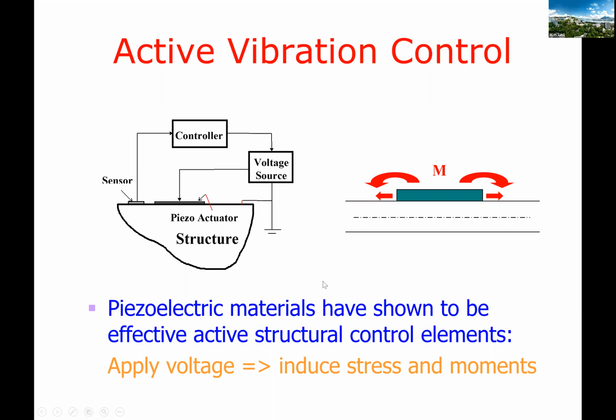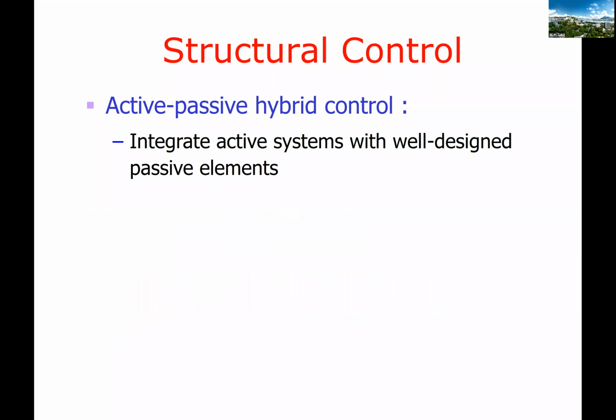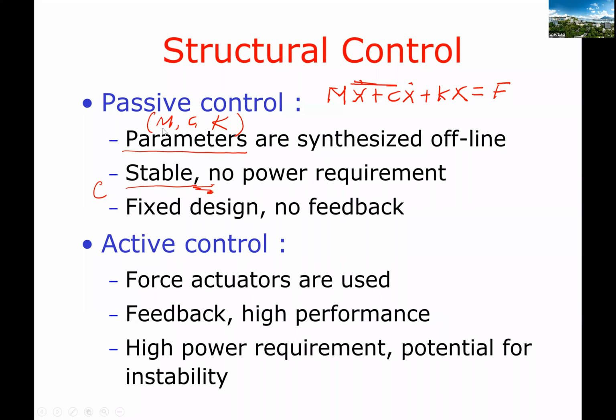So now let's go back to talk about two other control methods. We have discussed two, the first slide being passive and active, right? Now if you look at these two methods, both have their own pros and cons.